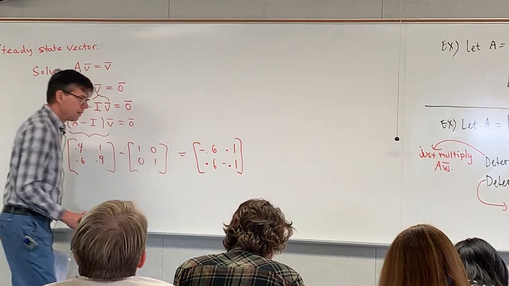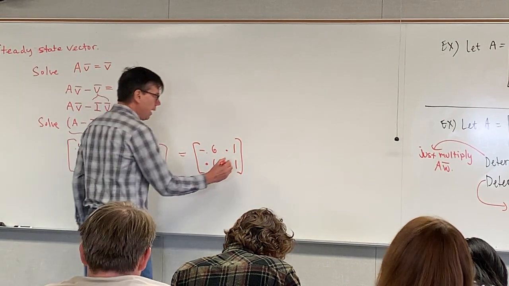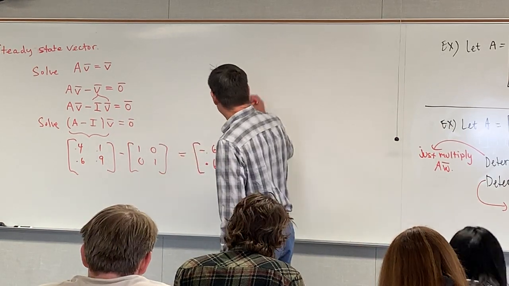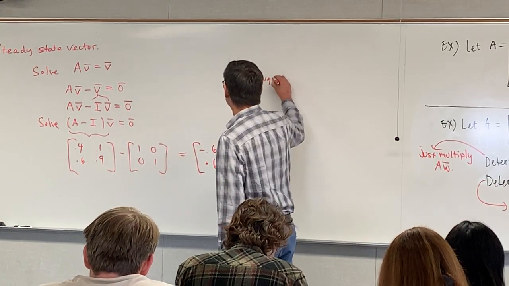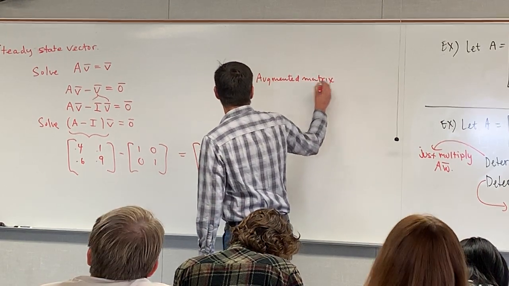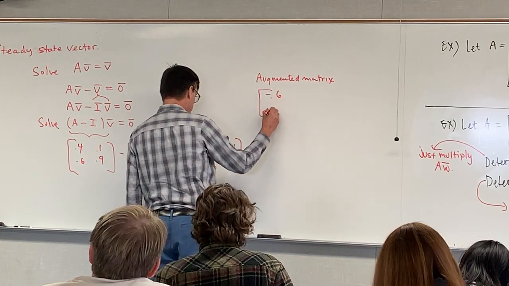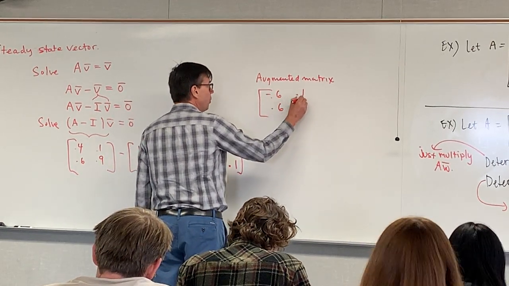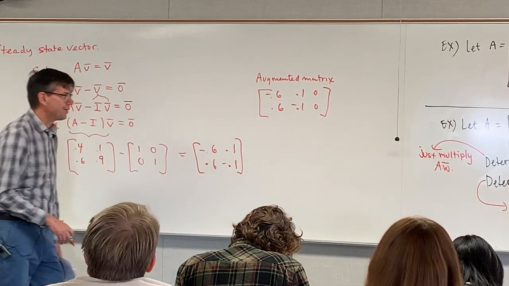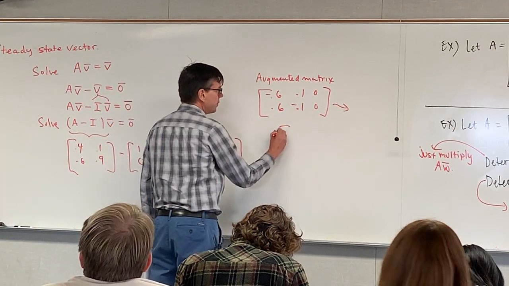Yes, you always kind of get something that looks like this. And so if we want to solve this system, our augmented matrix is going to look like negative 0.6, 0.1, 0.6, negative 0.1, 0, 0. Just a homogeneous system.